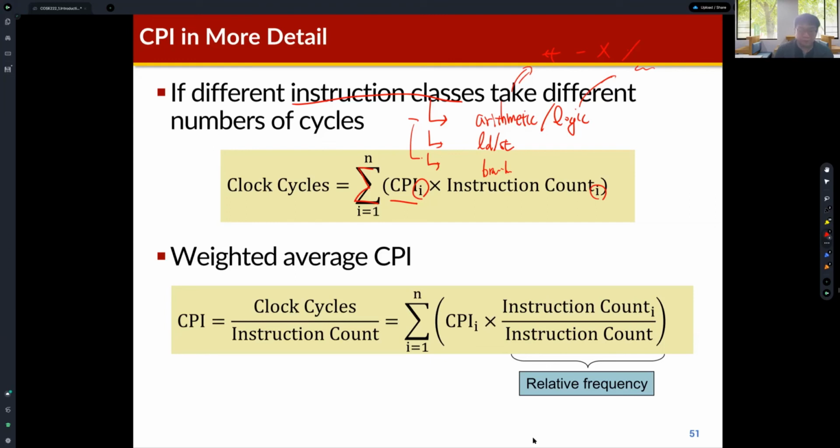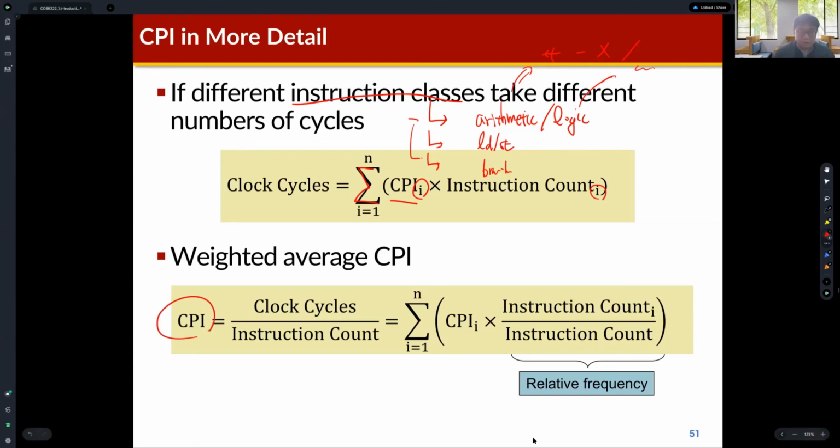Okay. Also, based on the ratios of instruction count of a certain instruction class, we can calculate the weighted average CPI.